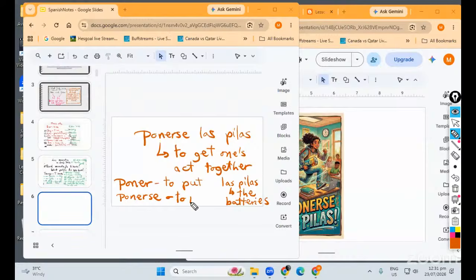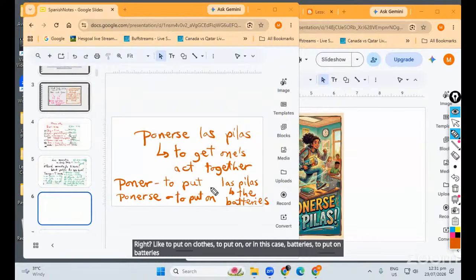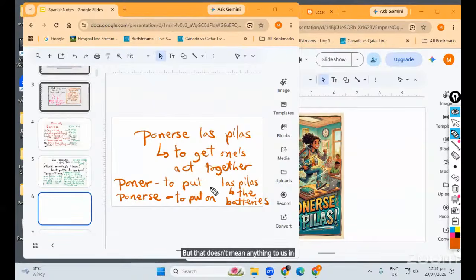Ponerse means to put on, like to put on clothes, or in this case, to put on batteries. But that doesn't mean anything to us in English. So we have to translate it with our own idiomatic expression, to get one's act together.